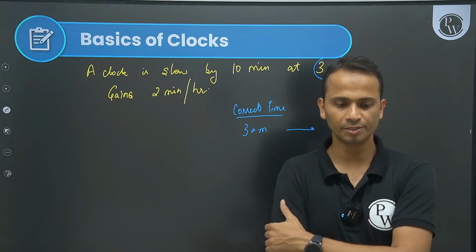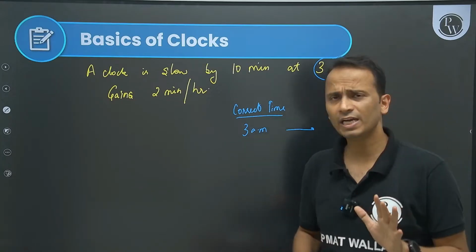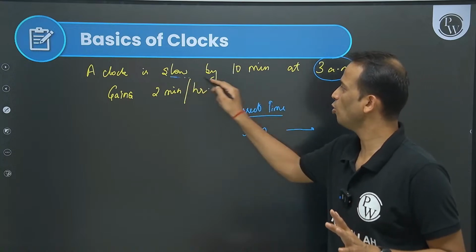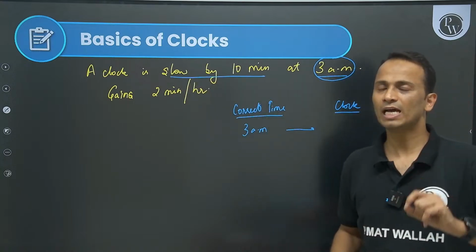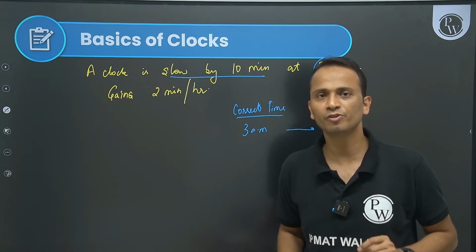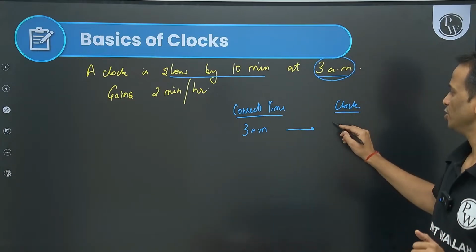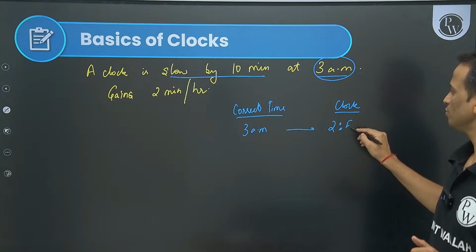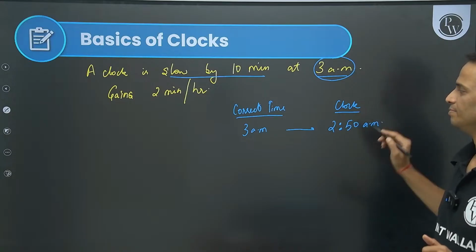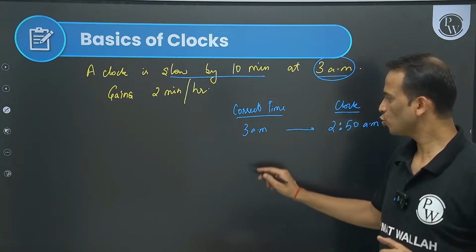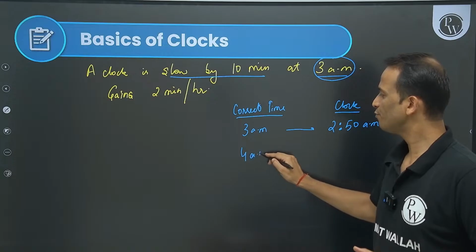Absolutely correct. Very good. Perfect. So we understand that the clock is slow by 10 minutes at 3 a.m. So that means at 3 a.m. it will show a time which will be 10 minutes behind the correct time. Okay? ठीक है. So it will show 2:50 a.m.